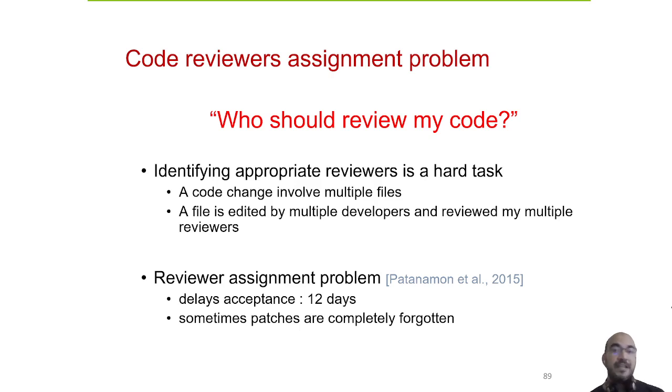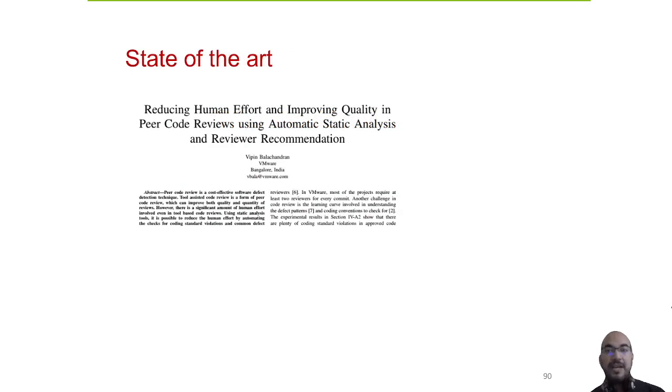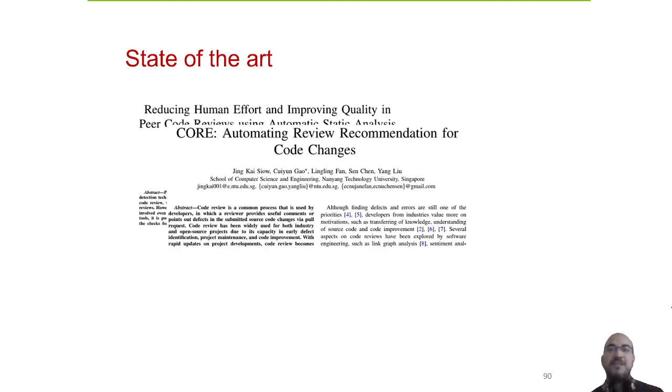And therefore, various studies have tried to help with that problem by recommending the appropriate developers who can do the code review. Technically, what these studies do is try to measure the expertise of a developer and the appropriateness of a developer for a given code change.